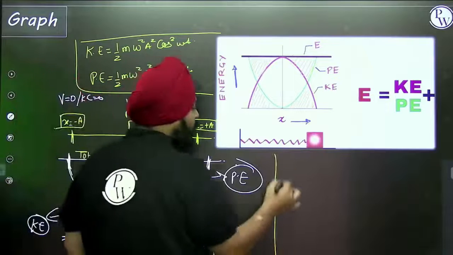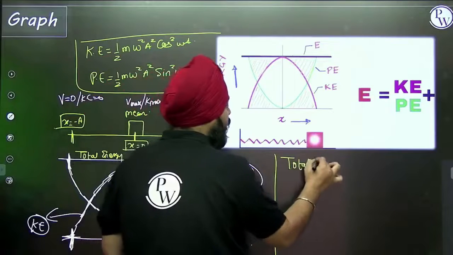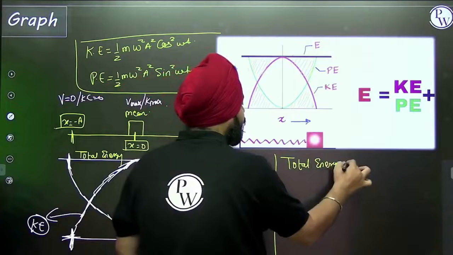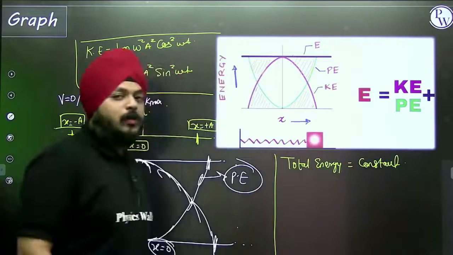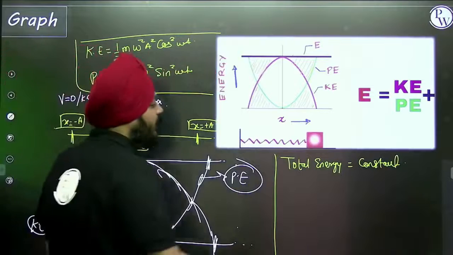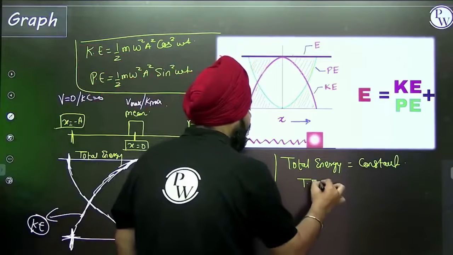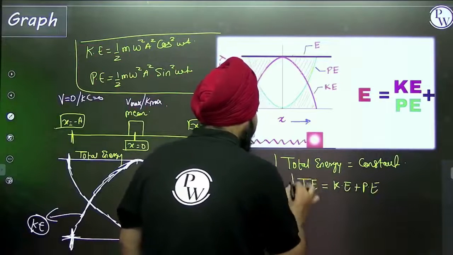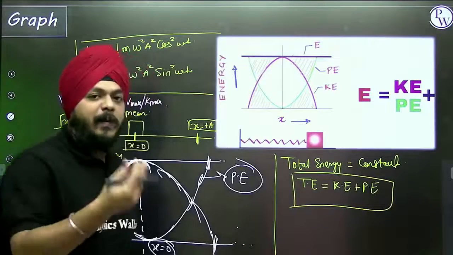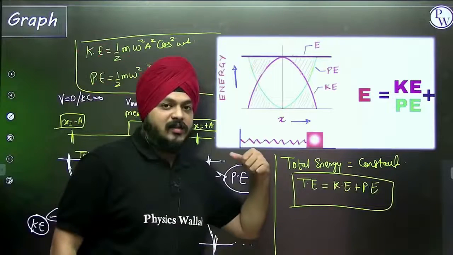So here I want to write it down. The total energy is constant. In another sense, total energy is equal to kinetic energy plus potential energy. At some point kinetic energy will be maximum, at that point potential energy will be minimum.